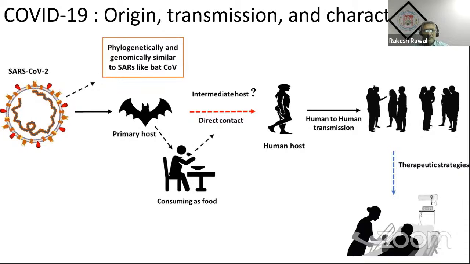So students, you must now be experts in all the COVID-related biology, because for around a year we have been listening to this buzzword, COVID-19. This virus, SARS-CoV-2, is phylogenetically, that means structurally as well as genomically, similar to many SARS viruses that were there earlier, where bat was one of the hosts.